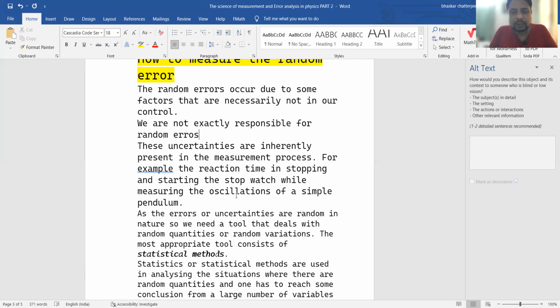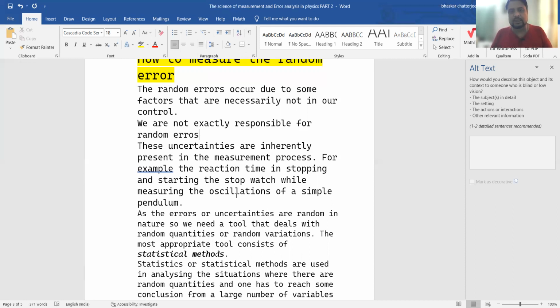For example, if you are measuring the time period of a pendulum, you are counting the number of oscillations and at the same time observing the stopwatch. There may be a delay, a factor of reaction time in starting and stopping the stopwatch. Suppose you started the stopwatch and did not start the oscillation at the same time.